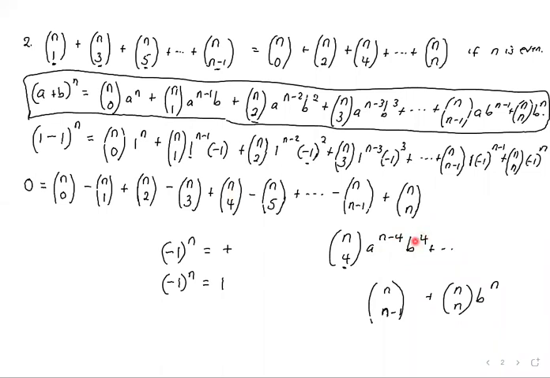So if you have 5 here, then you should have 5 here. -1 power 5, that is negative. So you have n choose 5. Plus, you keep going. Since n is even, we are saying n minus 1. Since n is even, n minus 1 is odd.